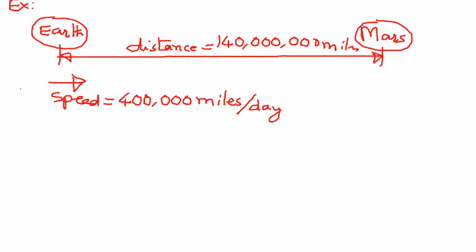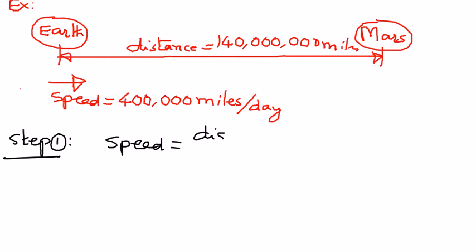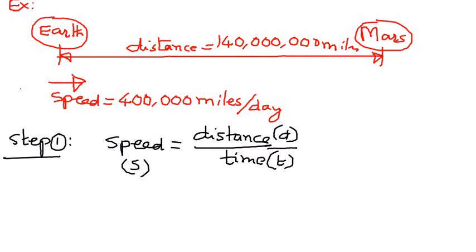To explain this, we're going to break it down into different steps, and then we'll find that out. From physics, we know that the definition of speed is distance divided by time. If we call speed s, distance d and time t, we can express the same formula as s equals d divided by t.